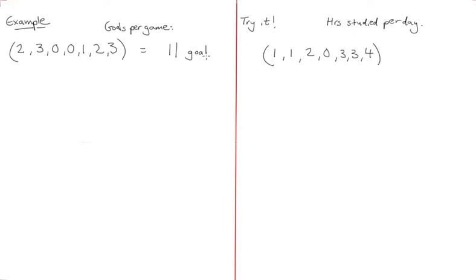Okay? Now, what's his mean score? His mean goals per game? Well, how we get that is we divide 11 by 7. Okay? Now this, because there is 7 games, 1, 2, 3, 4, 5, 6, 7.